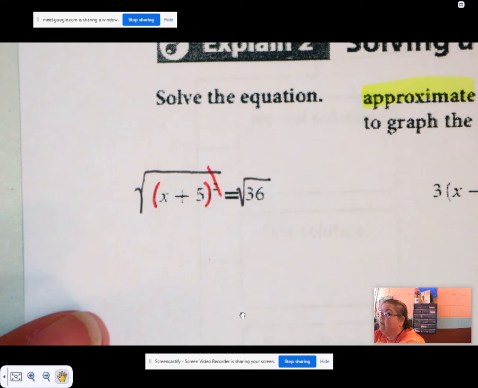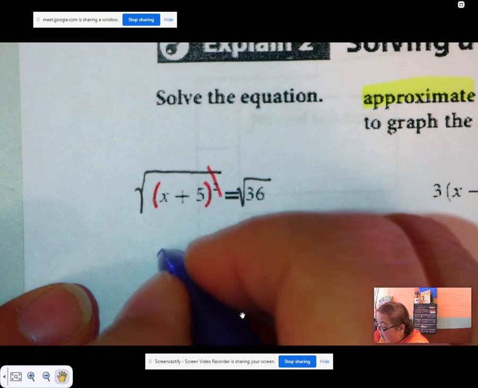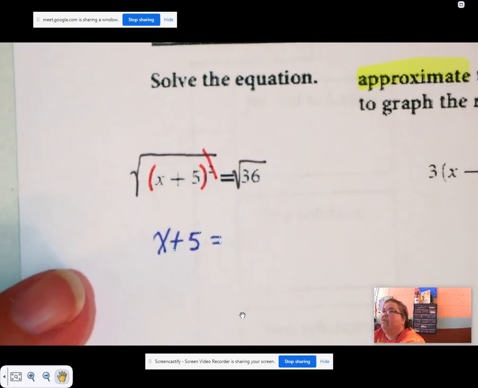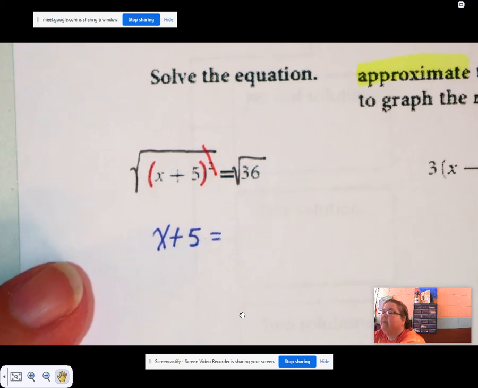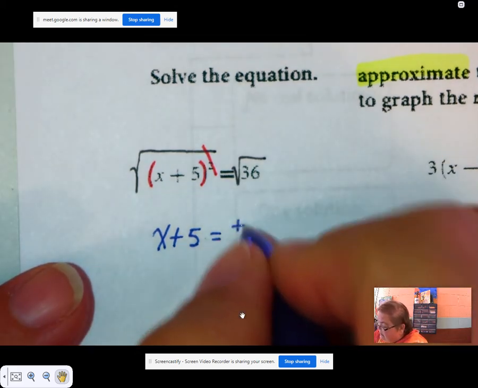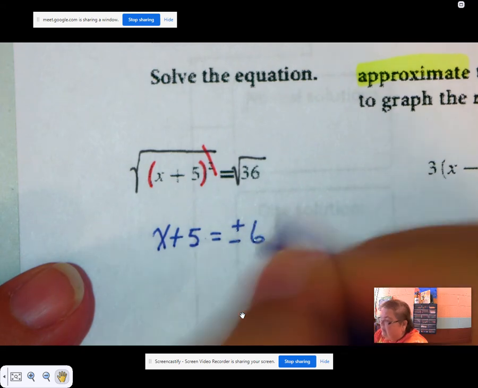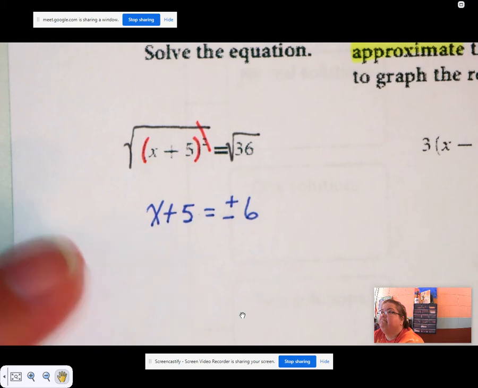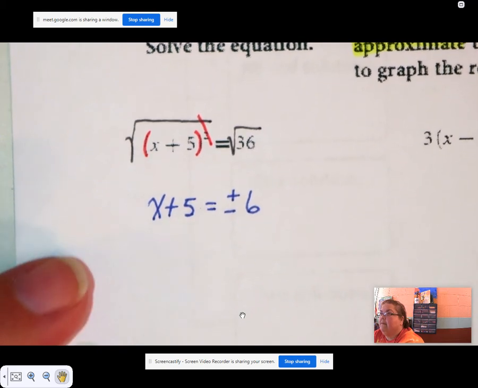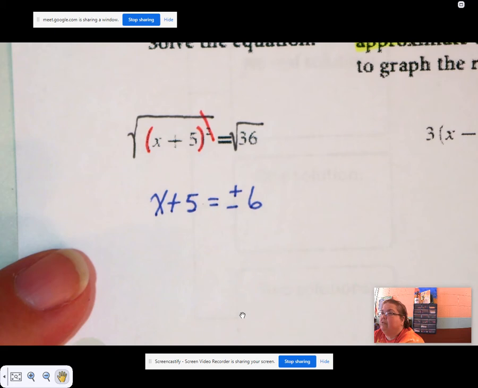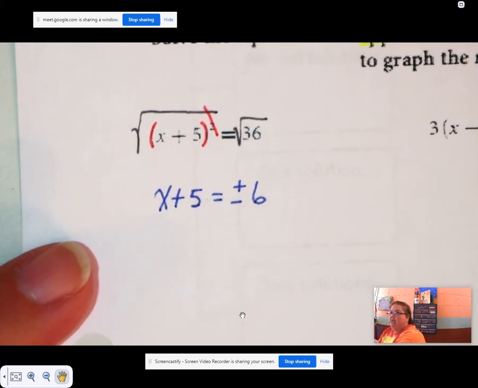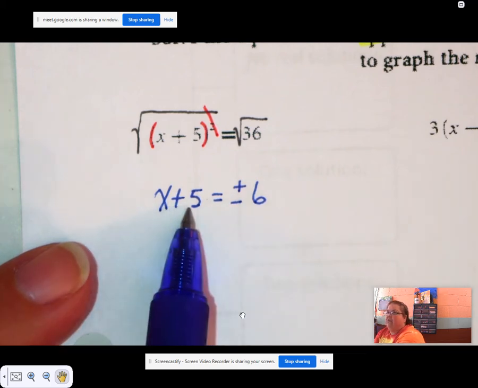Now the root is gone and the square is gone. So now I bring down what's there. X plus 5 equals, and then what is the square root of 36? 6. Positive 6 and negative 6. Okay. To find the solutions, or the zeros, we have to work these separately now. Because now I have got to solve.